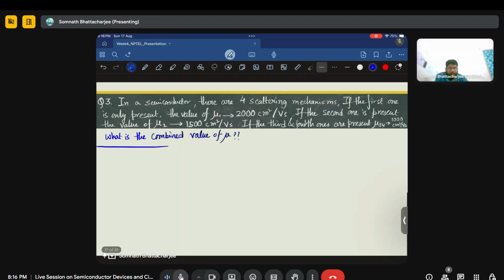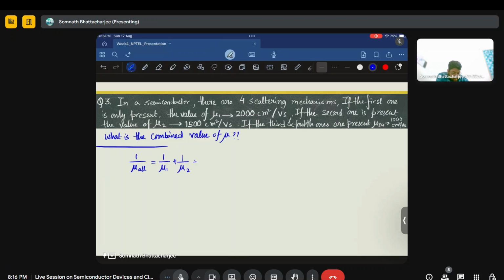So let me give you a hint. The basic thing is, if we are saying mu in all of the cases, it should be 1 by mu1 plus 1 by mu2 plus 1 by mu3 plus 1 by mu4. Now try to solve this.